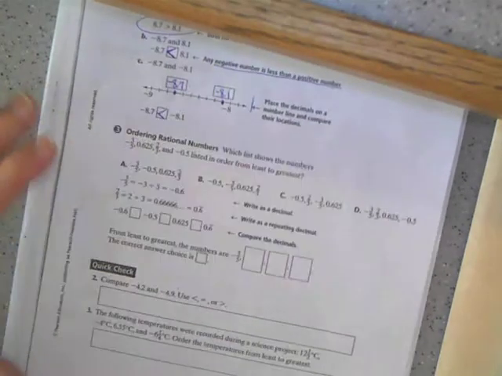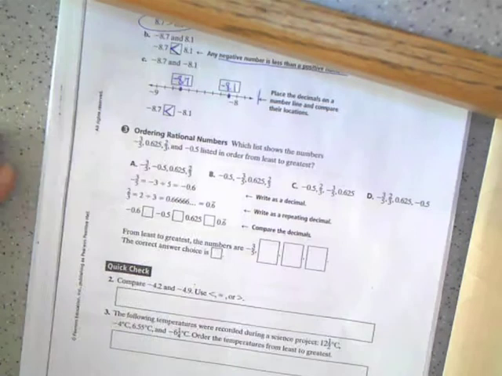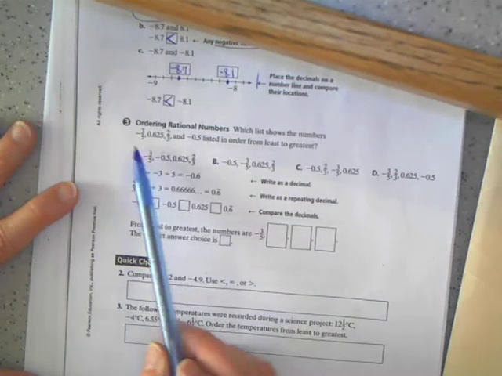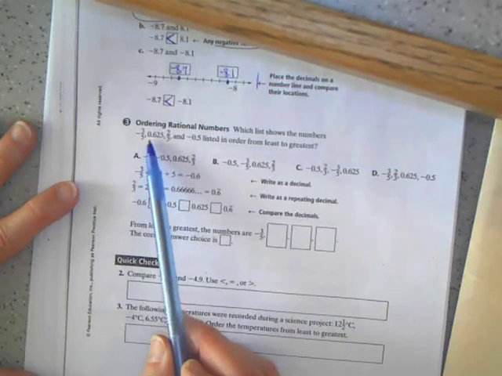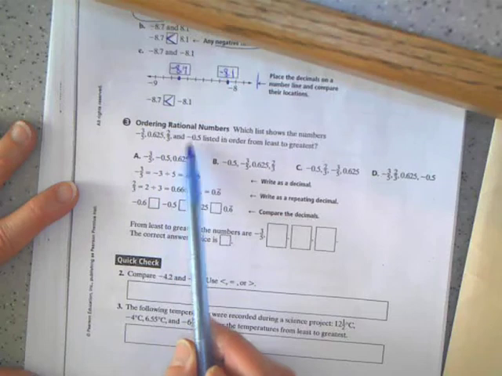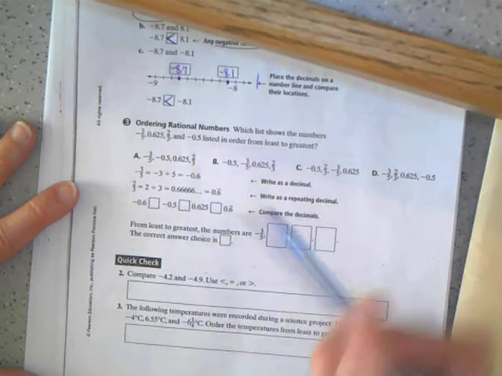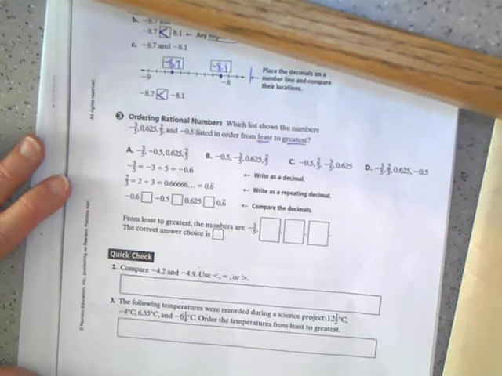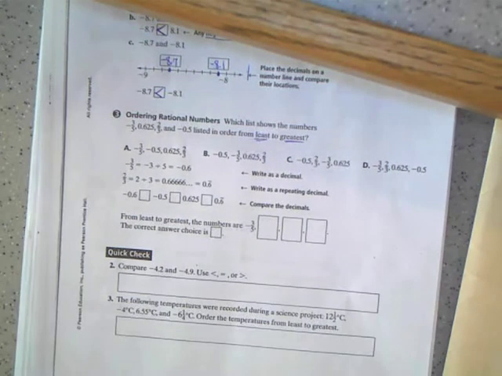Okay. Finally, example number 3, ordering rational numbers. And it's giving us -3/5, 0.625, 2/3, and -0.5. Listed in order from least to greatest. Okay. So what I would do is the following.